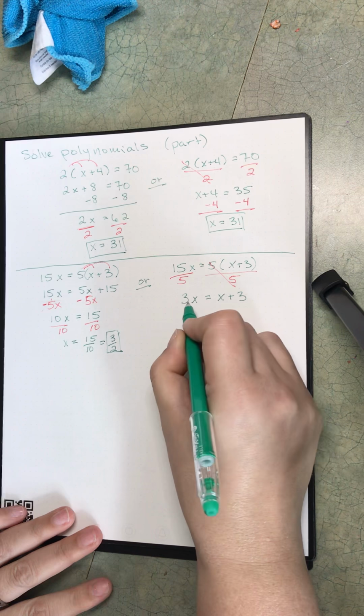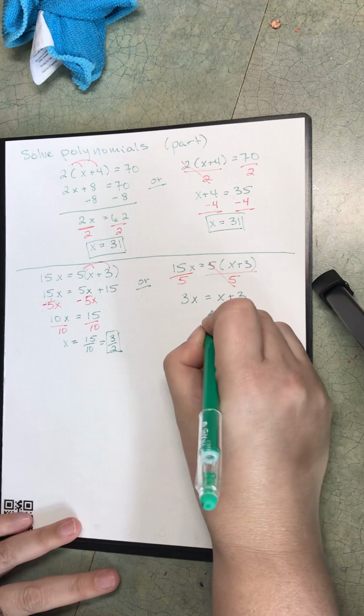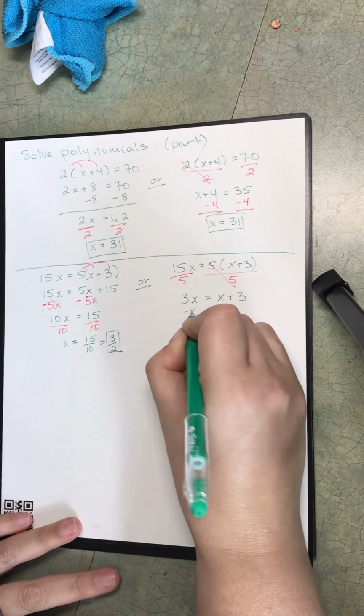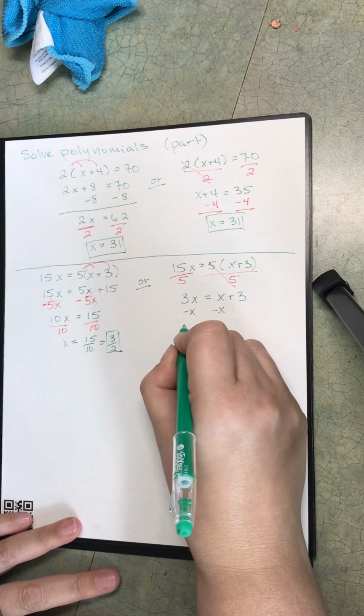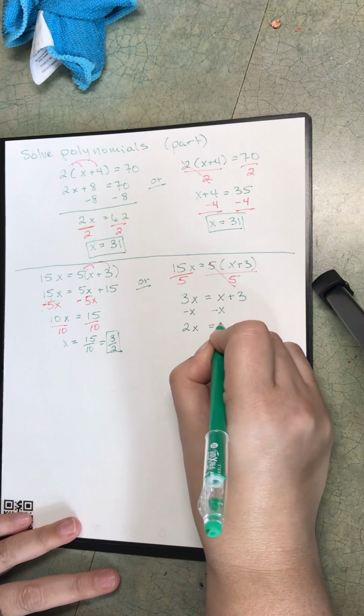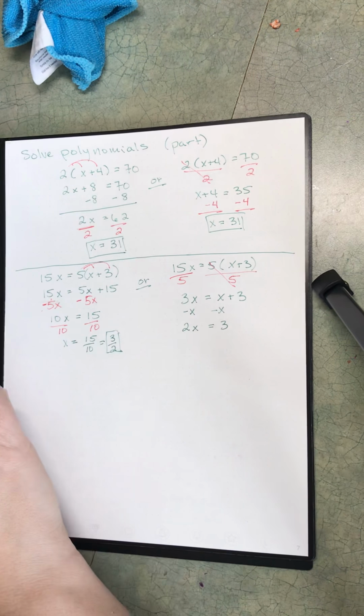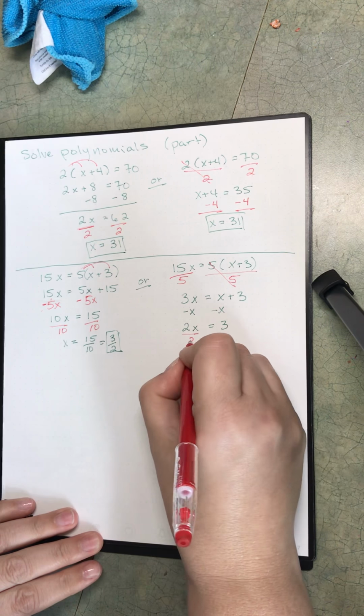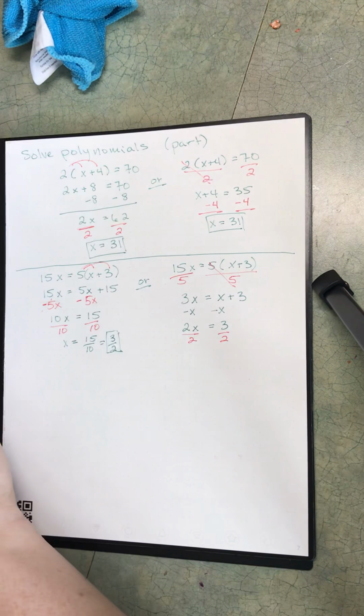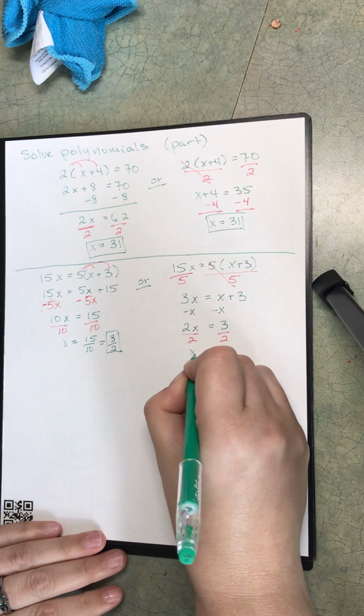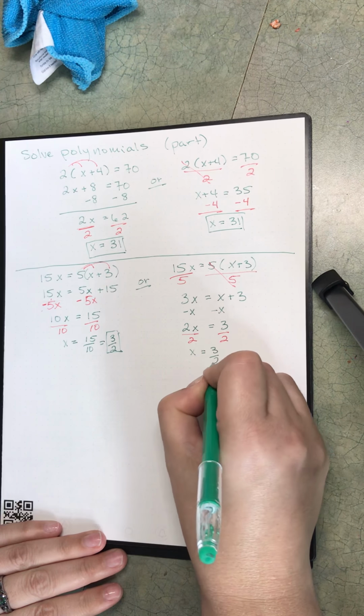Again, I have x's on both sides of my equal sign, so I want to subtract the x term. And so now I have 2x equals 3, and then I'm going to divide by 2, and I get x equals 3 halves.